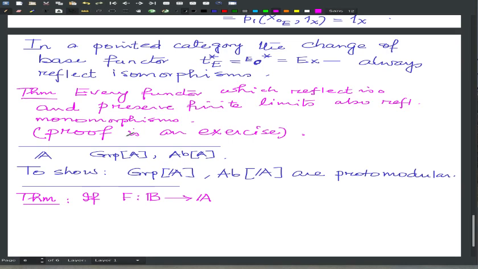A categorical property of groups would be those which would hold anywhere, right? In any category of groups. So that is what we are trying to focus on. Okay? And the consequences of that. So group and group-like properties, it means categorical group and group-like properties.